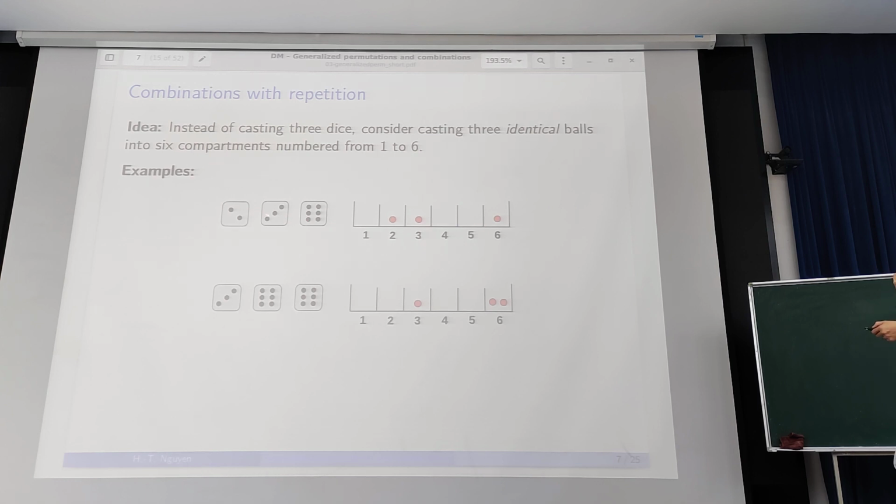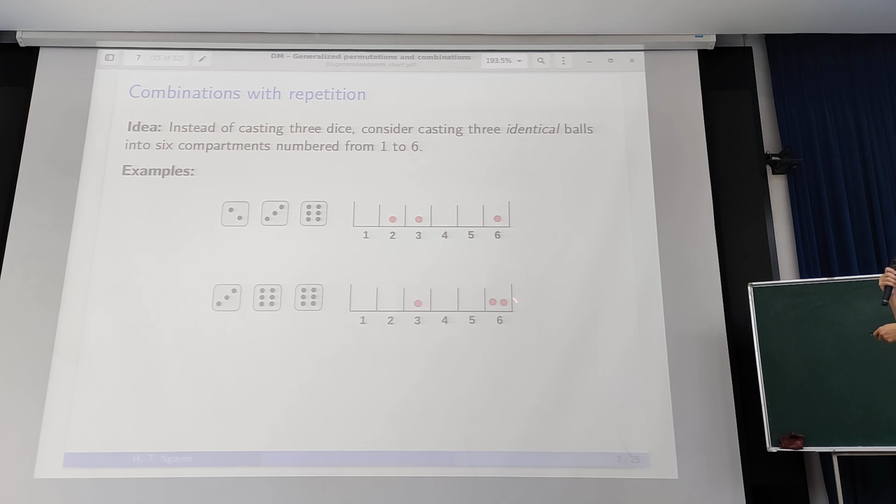In this example, if we get the result 2, 3, and 6, that means that we have 1 ball in the box labeled 2, 1 ball in the box labeled 3, and 1 ball in the box labeled 6. And this example represents an outcome where you have a repetition. You have 2 times the number 6 here, which is represented by 2 balls in the box number 6. Okay?